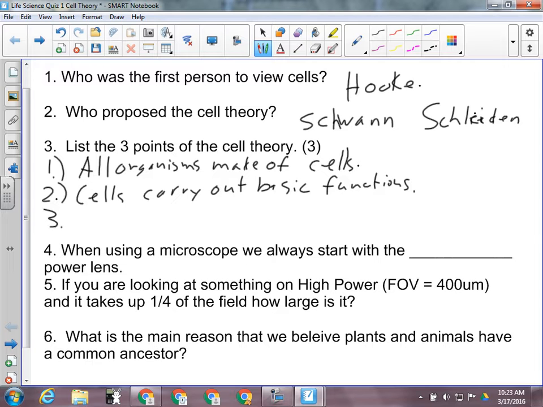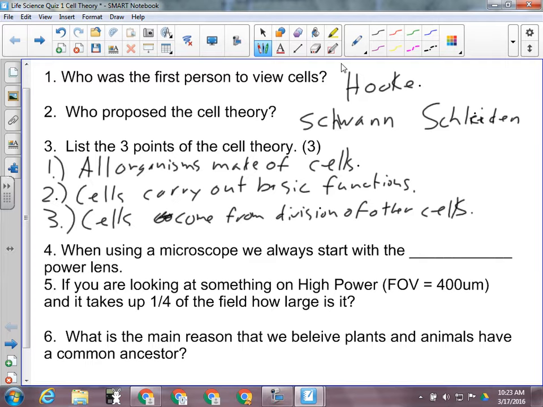And third thing, okay, is that cells come from the division of existing cells. One mark each for those.